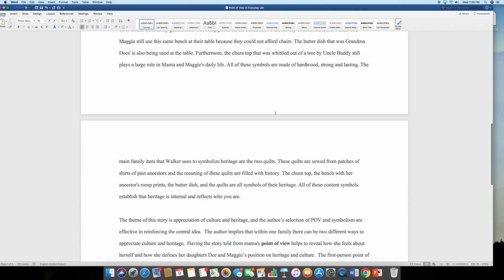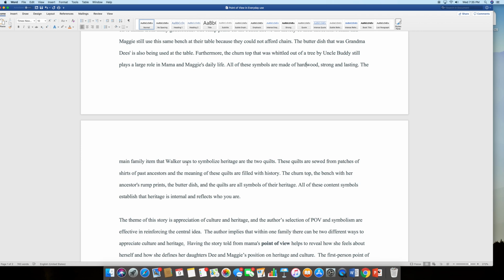The main family items that Walker uses to symbolize heritage are the two quilts. I would rephrase that a little bit because these other things also symbolize heritage.